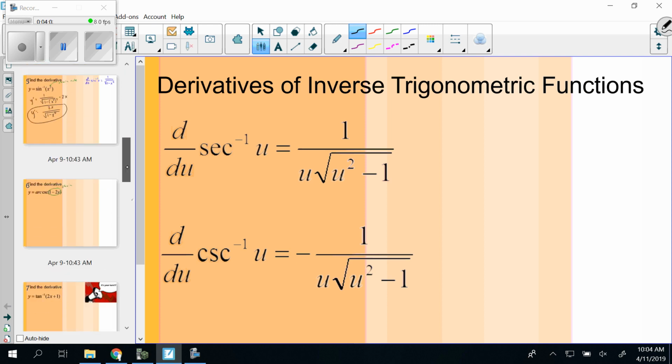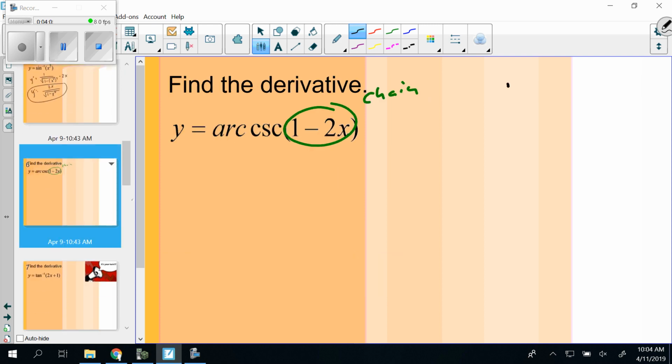So coming back to this problem, wherever we have that x is where we're going to want to substitute it.